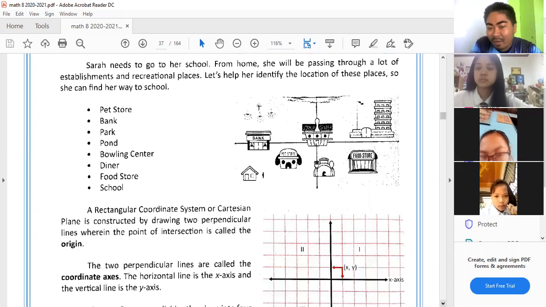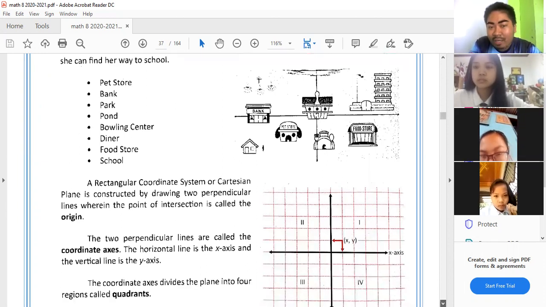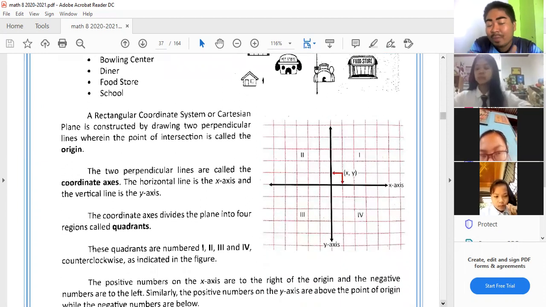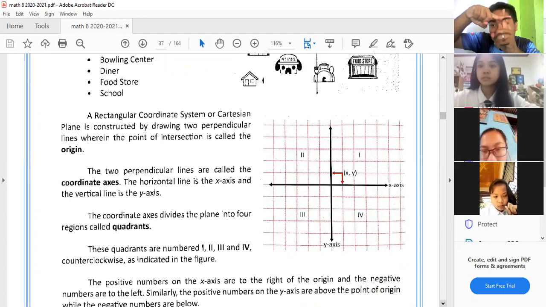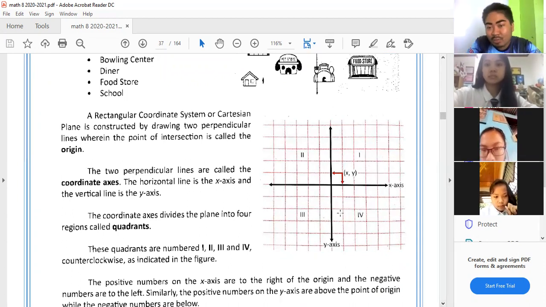So, we can use the rectangular coordinate system. What is a rectangular coordinate system? A rectangular coordinate system, or tinatawag din natin siya na Cartesian plane, is constructed by drawing two perpendicular lines. Pag sinabing perpendicular, straight ito, straight din ito. So, nakakabuo kayo ng dalawang 90 degrees. Annotate natin para makita nyo.